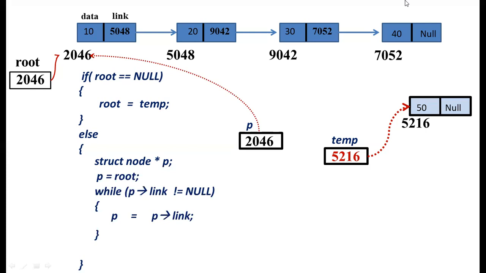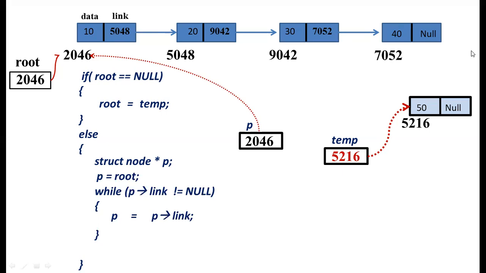If this value is not equal to null, store the P to link value into the P. Why? Because we need to send the control from the first location to the last location. As we know, the last location's link field will be null. So using the null pointer only, we travel from the first location to the last location.